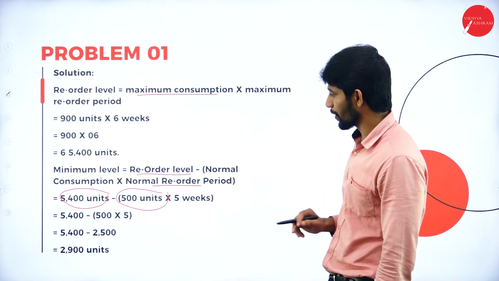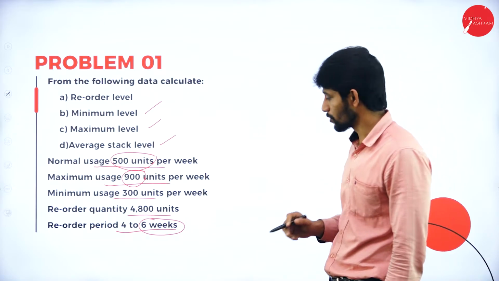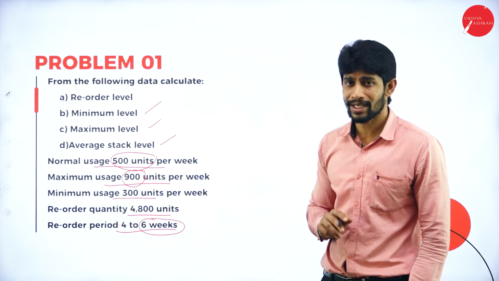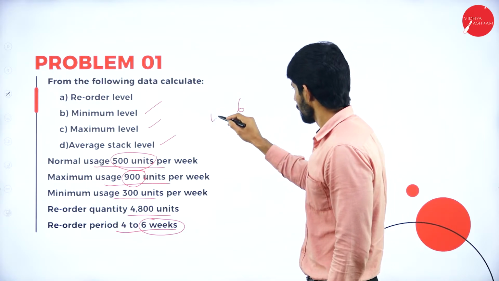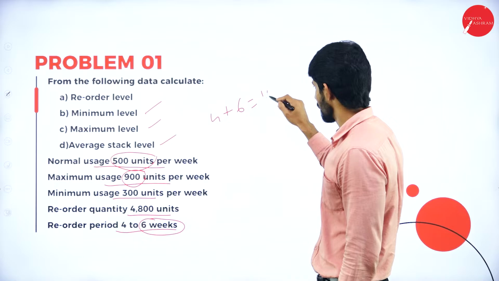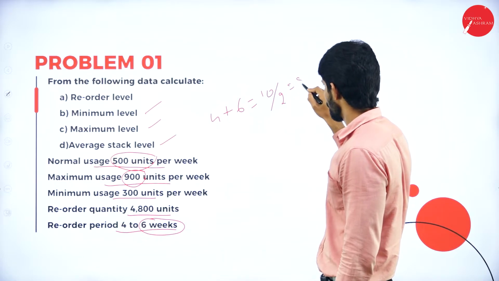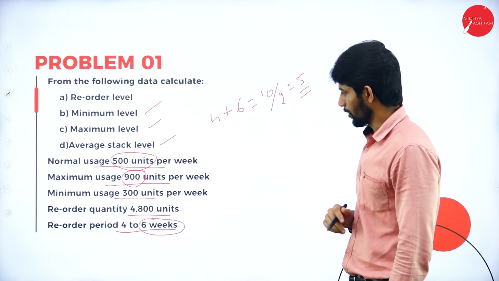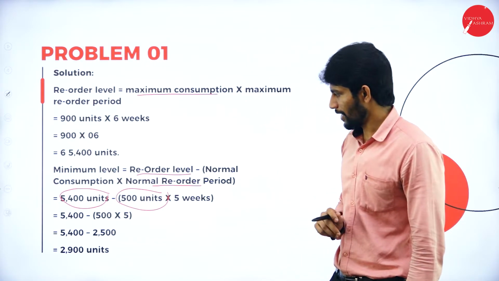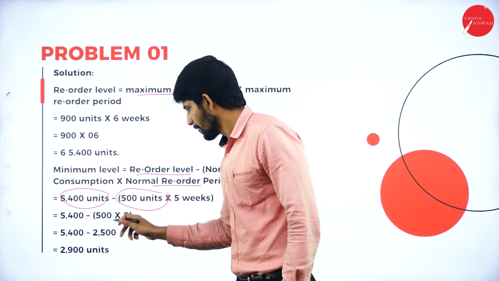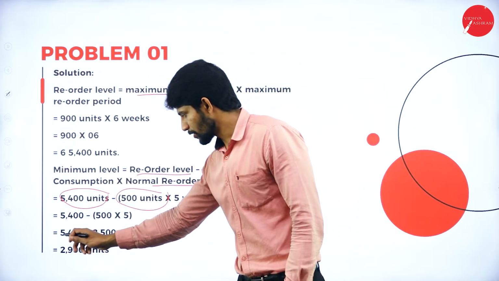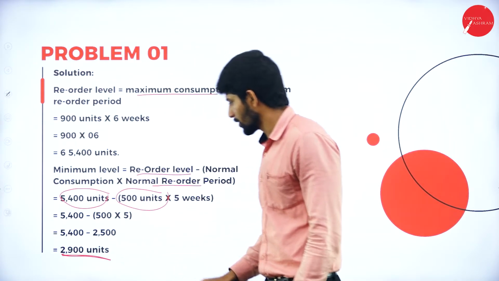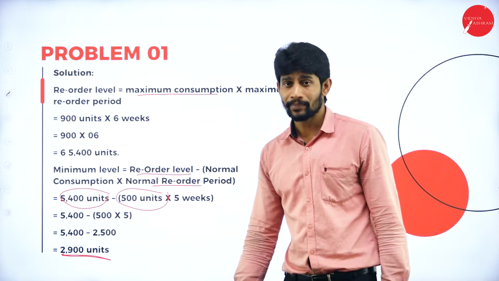The normal reorder period is not given in the problem, so we are supposed to compute it. Reorder period is 4 to 6 weeks, so 4 plus 6 is 10, divided by 2, you will get 5. So 5 weeks is the normal reorder period. So 5,400 minus 500 into 5 weeks, that is 5,400 minus 2,500. You will get the balance of 2,900. This is called the minimum level.